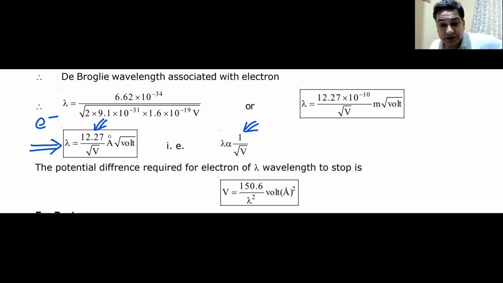So this is the De-Broglie wavelength for an electron. Have you noted this down?